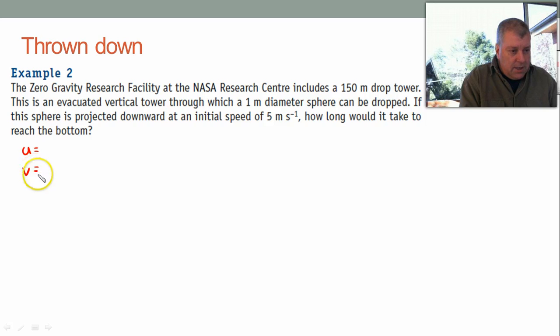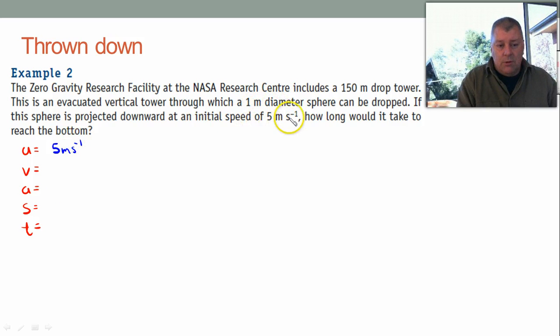u, v, a, s and t. Let's change the color. The initial velocity is not 0, it's 5 meters per second down, because we're throwing it down. Let's make that negative, because we know that it's going to accelerate due to gravity, which is minus 9.8 meters per second squared.